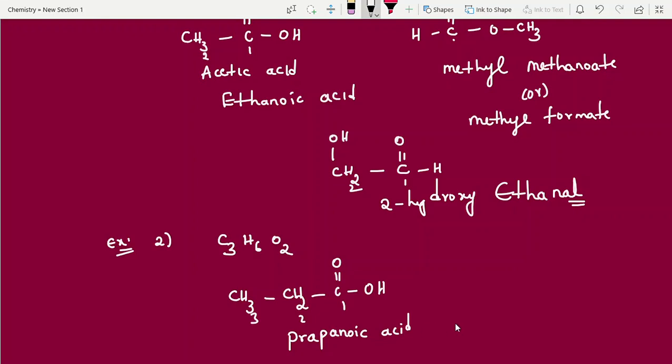What is this? CH3, ester, C double bond O, O. Ester group. If you want, I'll write here R C double bond O, O, R. This is the ester group, and these are alkyl groups. Okay. Next one.